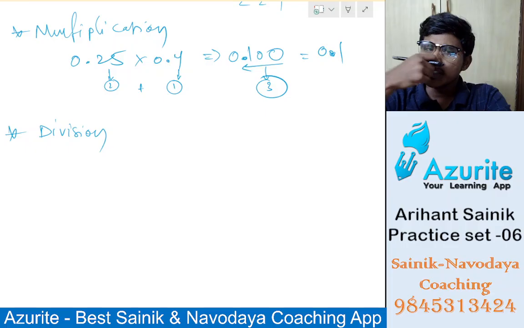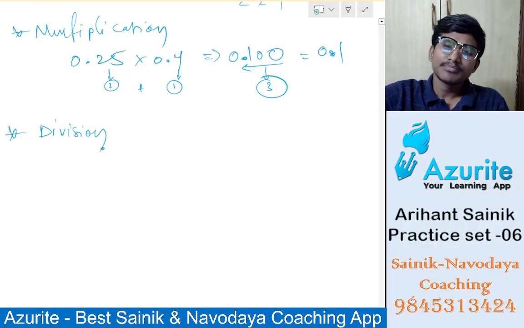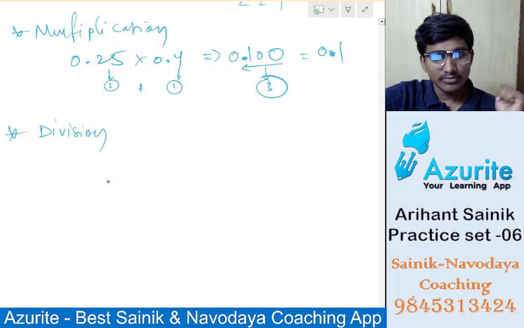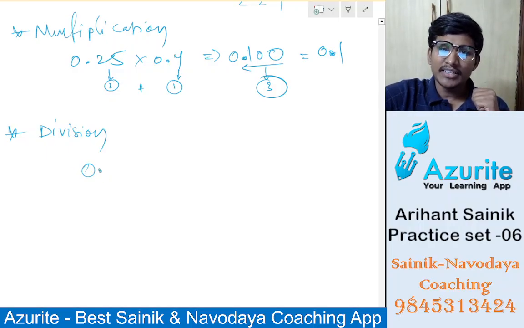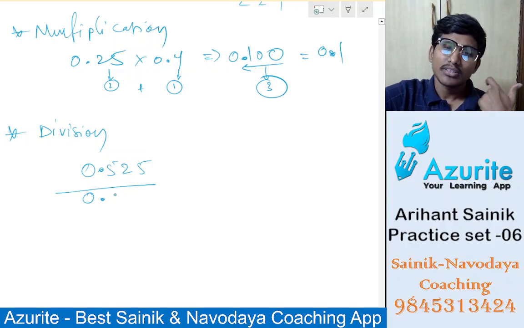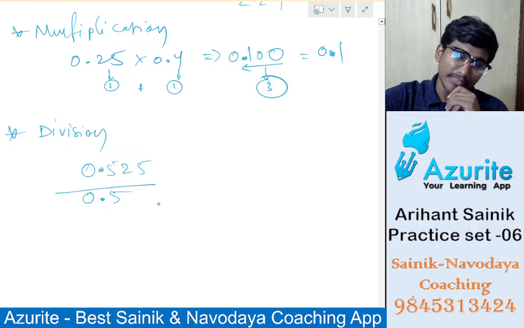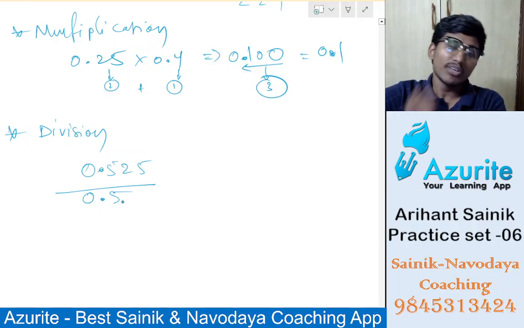Now division. How do we do division? Tell me. We have to shift the point or remove the point from the divisor first, that is the denominator. So if it is 0.525 divided by 0.5, what do we have to do?